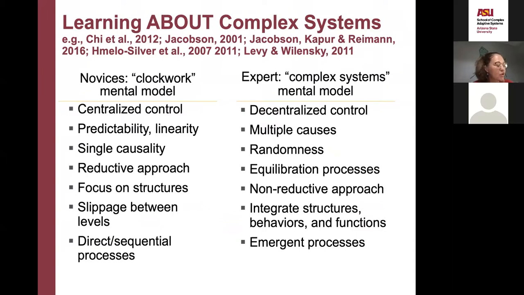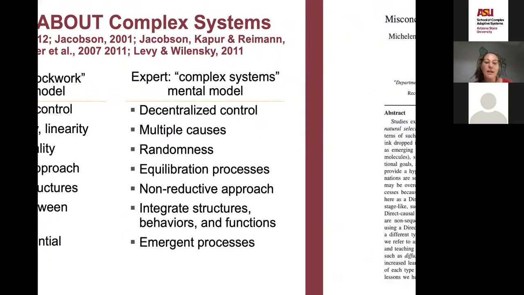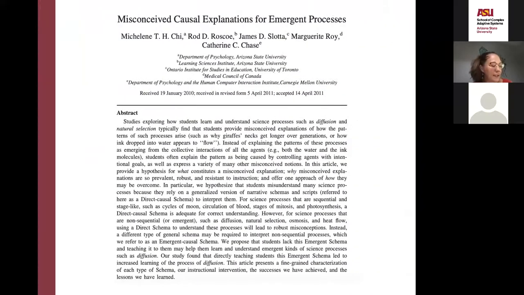For instance, a strong tendency to impose centralized control when none exists, slippages between individual and aggregate levels, studied often, for instance, in difficulties understanding electricity, and robust misconceptions about emergent processes. So Michelene Chi, for instance, and her colleagues have done a lot of work looking at the ways that learners frequently mistake emergent processes for direct or sequential processes.